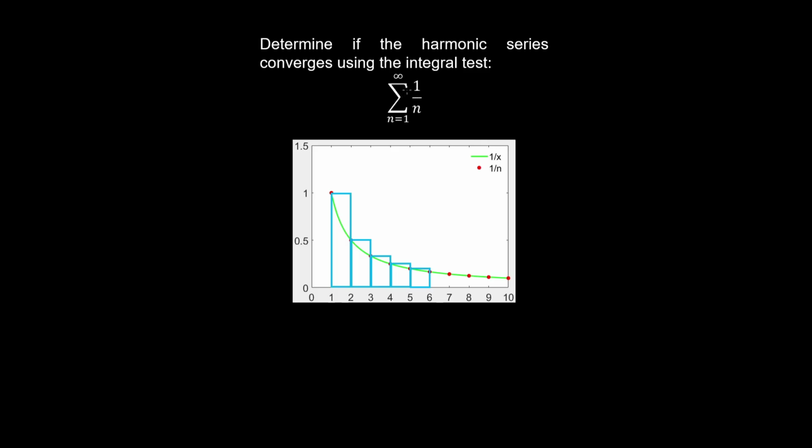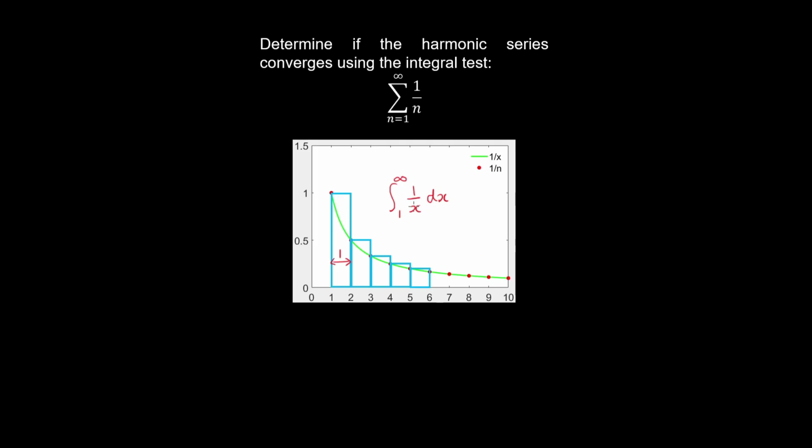So we can see geometrically that the series gives the approximation to the area under the curve 1 on x using the left Riemann sum with a rectangle width of 1. So the function is positive, continuous and decreasing from 1 to infinity, so we can use the integral test, which gives the area under the actual curve 1 on x.